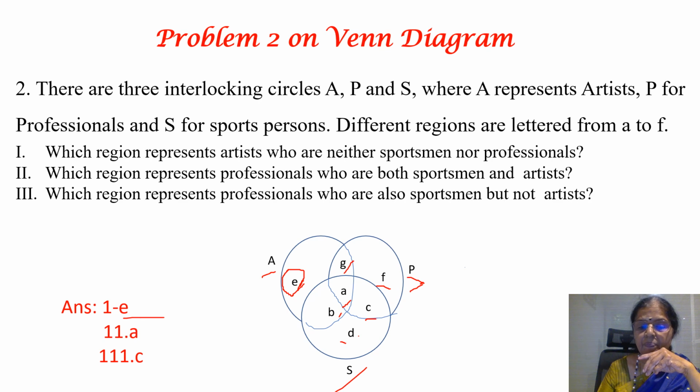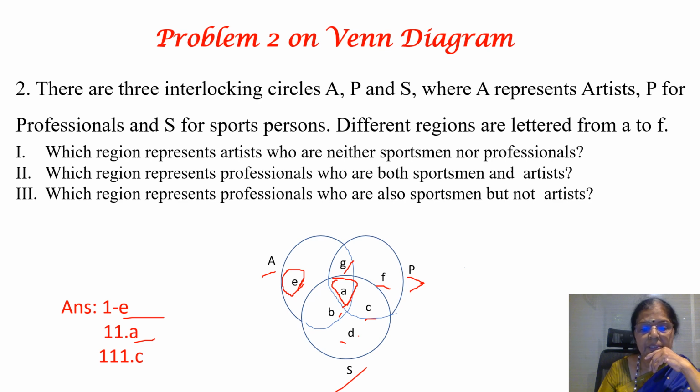So the intersecting point of all the 3 circles contains all A, P and S. So the second answer is A, because G contains only artists and professionals, and this A alone contains all the 3: artists, professionals and sports persons. So we want all 3 in the second question.